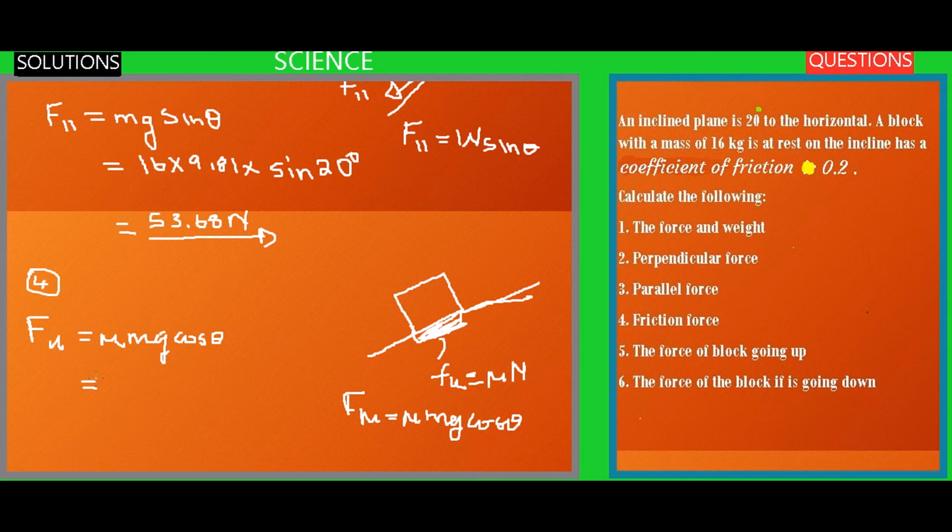So whether the motion goes up or down, when the motion goes up, the friction goes the opposite, will go down. When the motion goes down, the friction force will go up. So friction force always opposes the motion of an object.